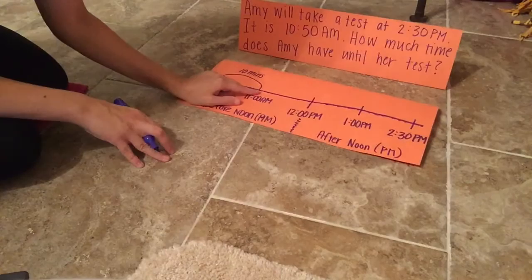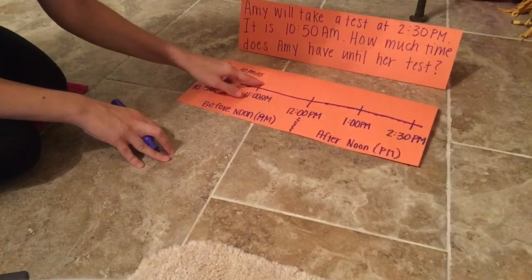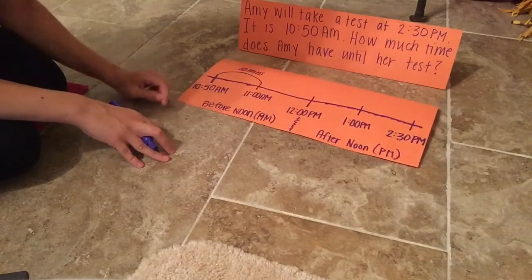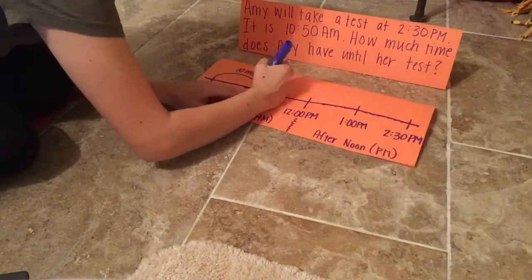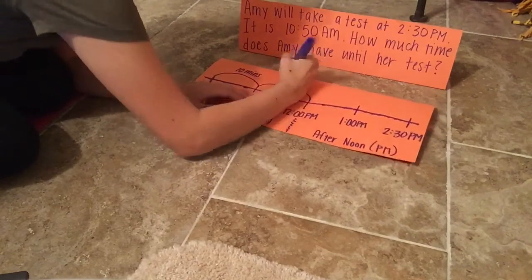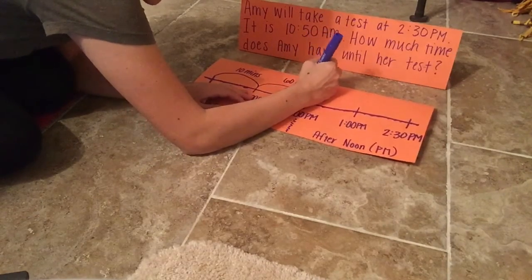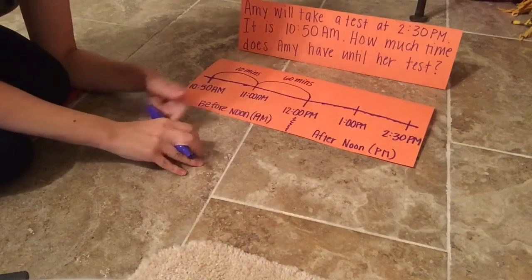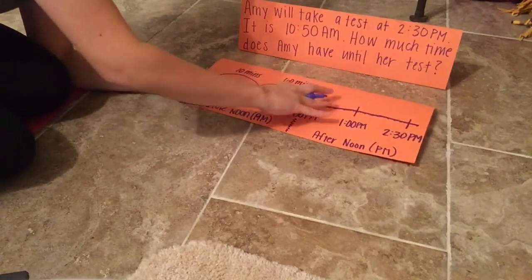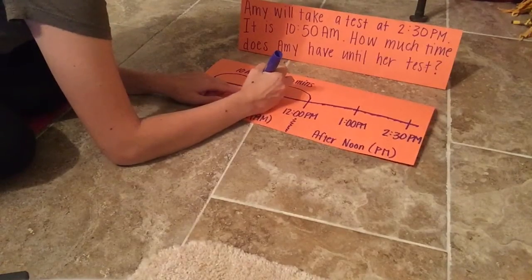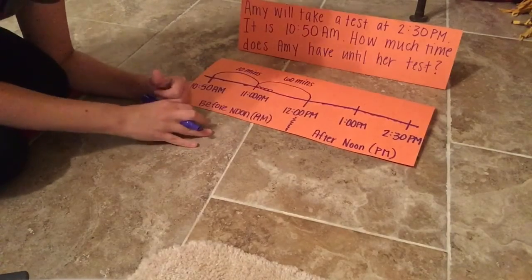So I still need to be able to get to 2:30. I'm barely at 11. So to make things easier, if I jump all the way to 12 o'clock, that's going to be 60 minutes. And 60 minutes is equal to 1 hour. I want to jump that far because I don't want to make tiny jumps, because that would take a long time.